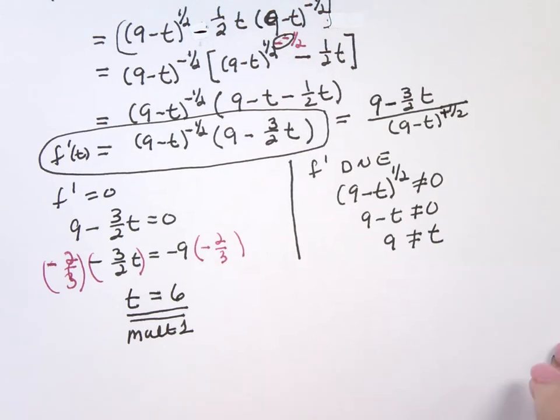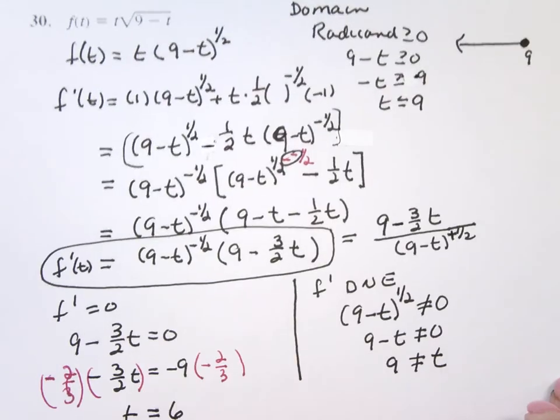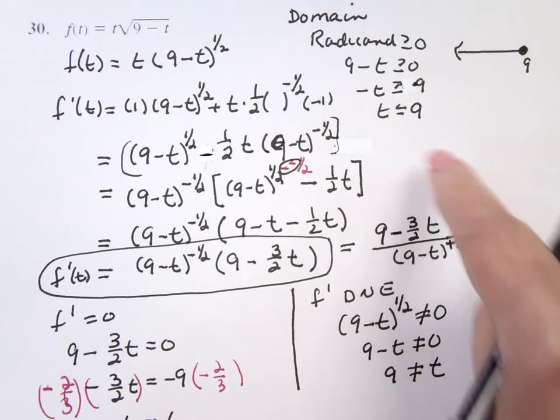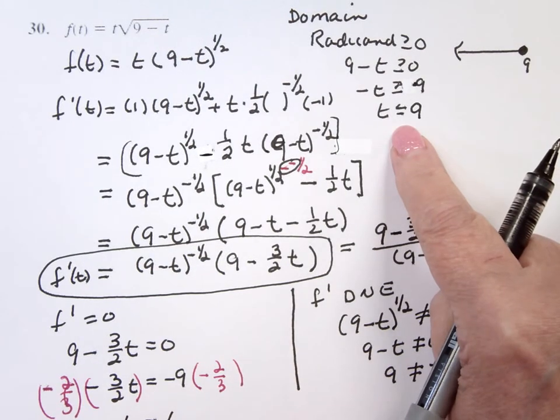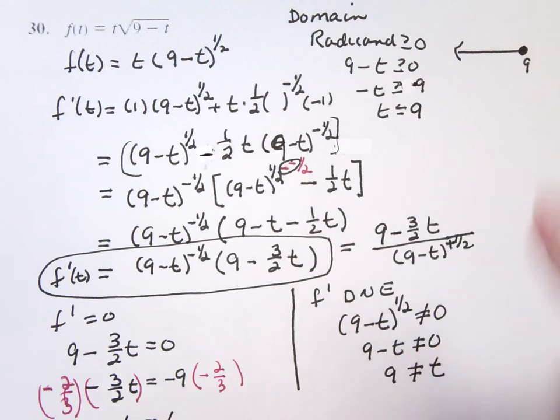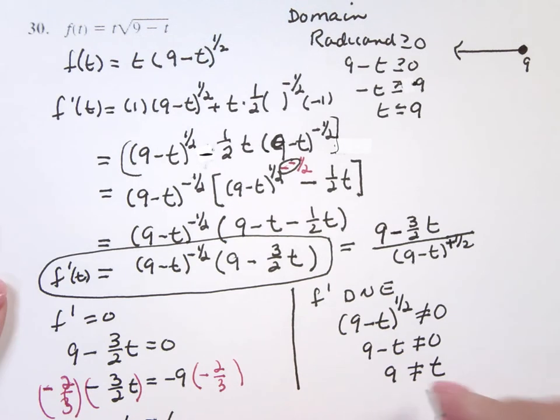What's the domain of this guy? t must be greater than or what? Equal to 9. Is 9 in the domain? Yes. So that means he is also a critical number, because he is in the domain.